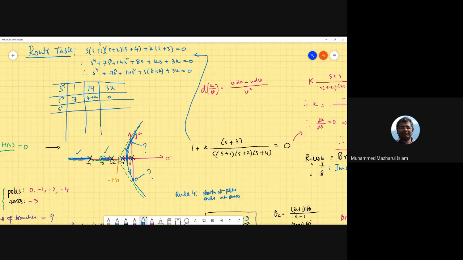Using these values, we can calculate a1, and this will be 3k. Then s to the power 1 will have a2 and 0. Finally, s to the power 0 will have 3k, 0, 0.